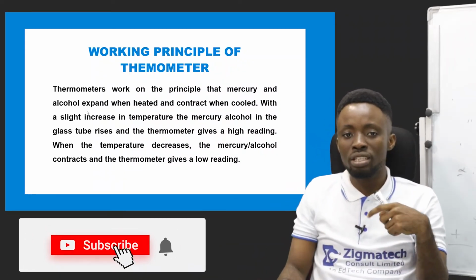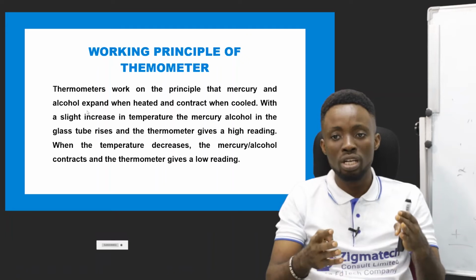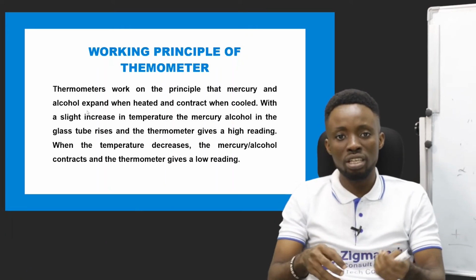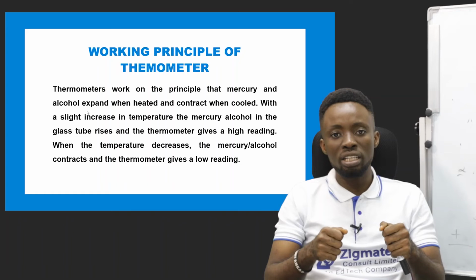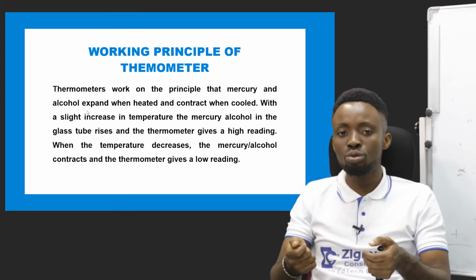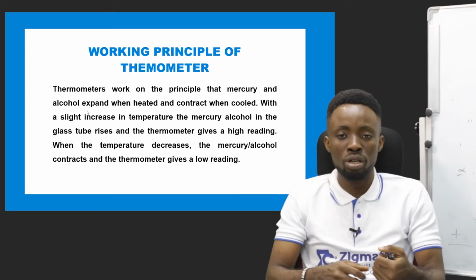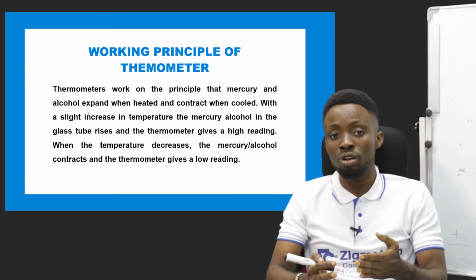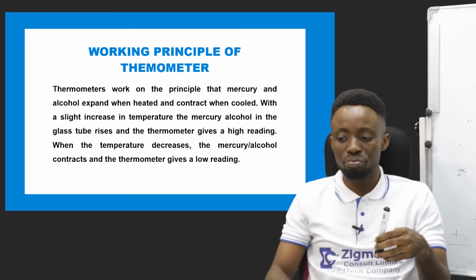As a result, we can easily take measurements when the temperature of a place is very high. And the reverse is the case. So using this principle, we can easily calibrate a thermometer to detect the temperature change in the environment. So they work based on the principle of expansion and contraction.